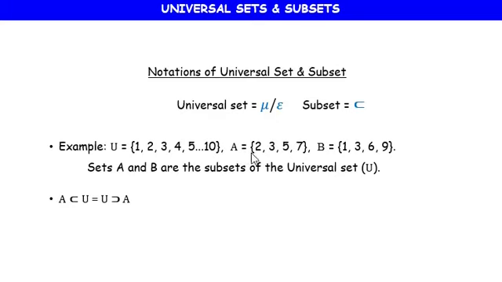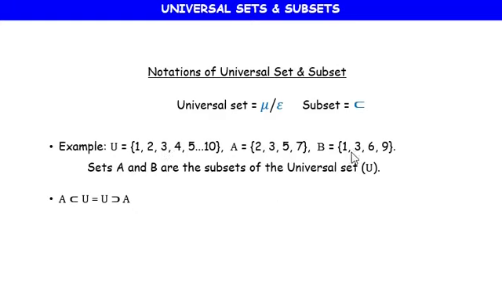We also have set A equal to 2, 3, 5, and 7, and set B equal to 1, 3, 6, and 9. Clearly, you would realize that set A and set B are subsets of the universal set U. The reason is that all the members in set A can be found in the universal set.